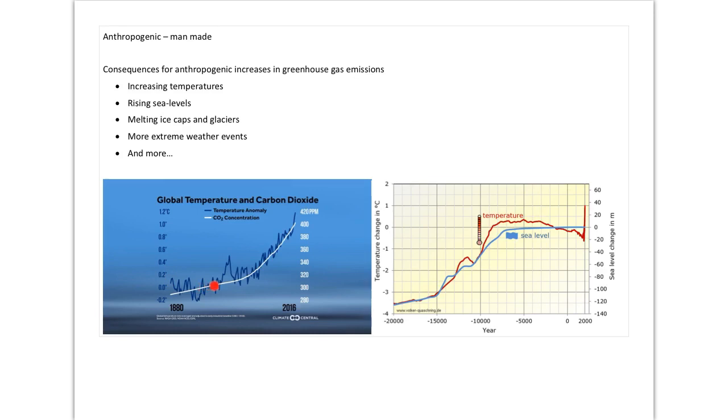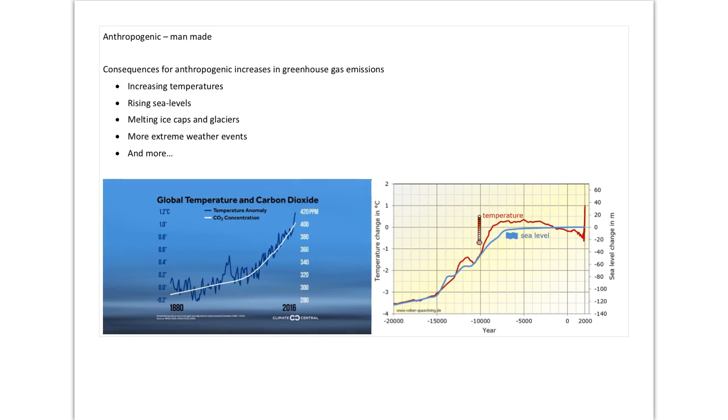And you can see there's this strong correlation between the amount of carbon dioxide and the temperature. As we release more and more carbon dioxide along this white line, we're seeing the temperatures of the Earth also follow a very similar pattern. So the most obvious consequence of the anthropogenic increases in greenhouse gas emissions is increasing temperatures.